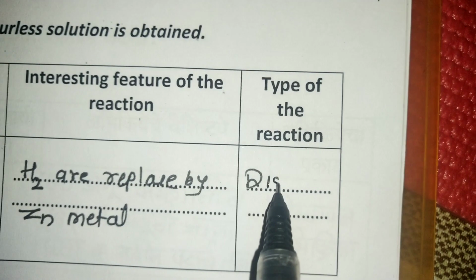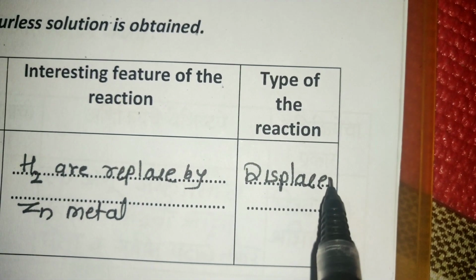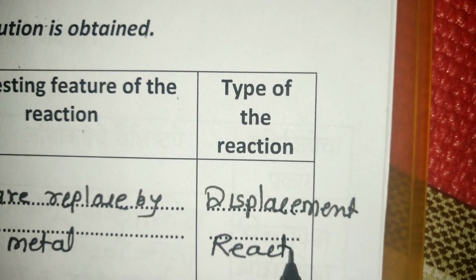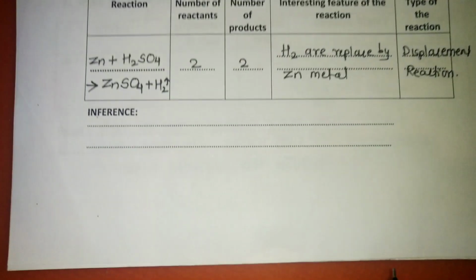Zinc replaces hydrogen from sulfuric acid, and therefore it is a displacement reaction. The type of reaction is a displacement reaction.